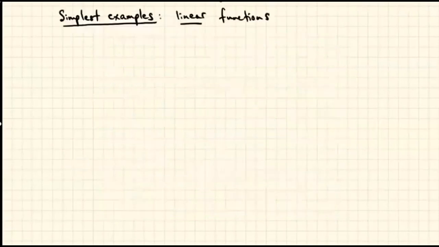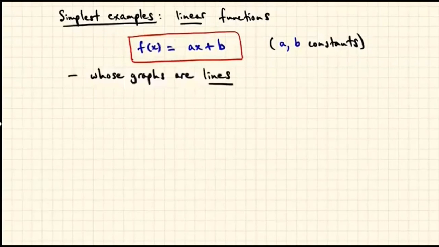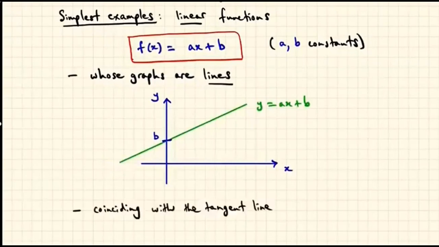The simplest functions that differentiate quickly are the linear functions with rules of the form f of x equals ax plus b, where a and b are constants. The graphs are just straight lines. If you reflect for a moment, the only reasonable way for a given straight line to be approximated by a tangent line is to take the line itself.